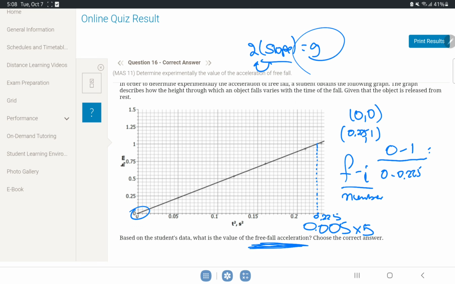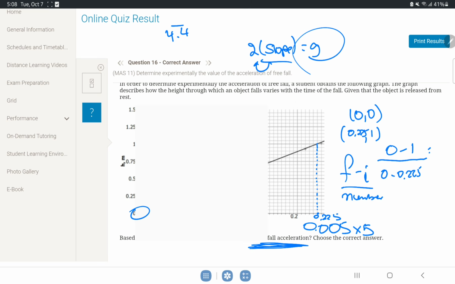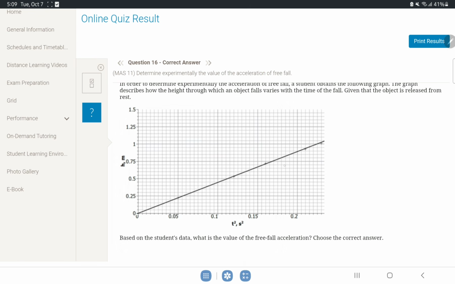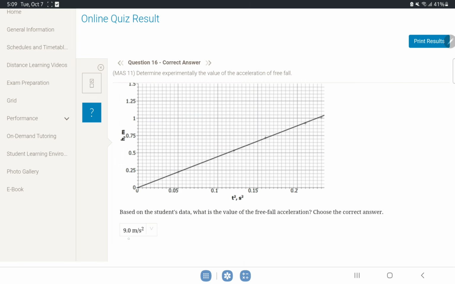Now we got the slope 4.4 repeated. Multiply it by 2, you get 8.888 repeated, 8.89. In the options you don't have 8.89, so it's going to be approximately equal to 9.